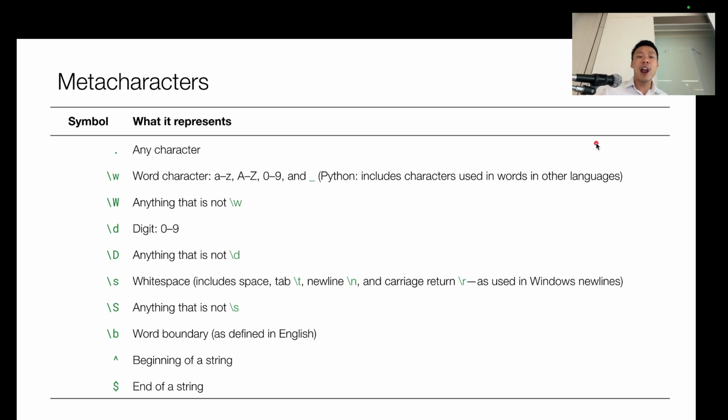Next, meta characters. If you want to specify a pattern, you want one character to represent some set of characters. For example, a dot means any character, anything. \w is a word character. Word character means a to z, big A to Z, 0 to 9, and underscore for some reason.